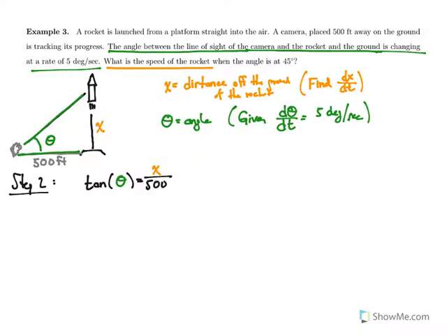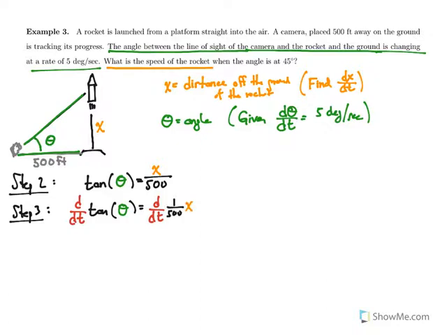And we want to find the derivative of that with respect to t. So let's think about this derivative. We have d dt of tangent of theta on the left and d dt of x over 500, which we can also just write as 1 over 500 x.